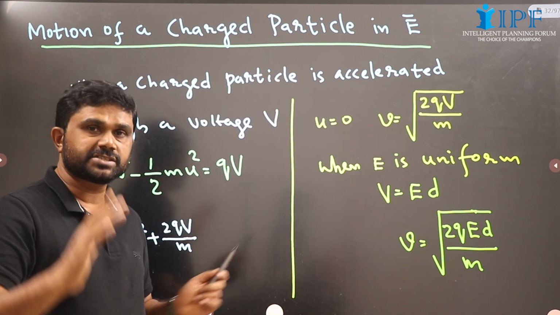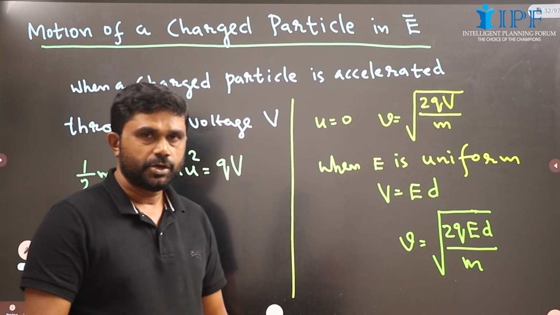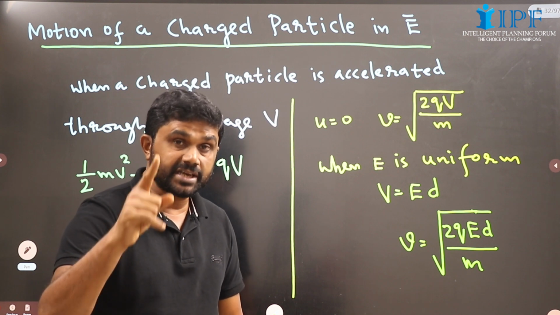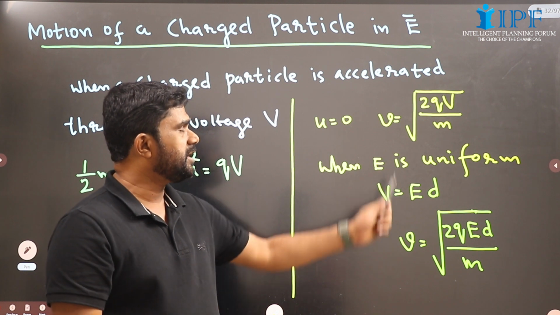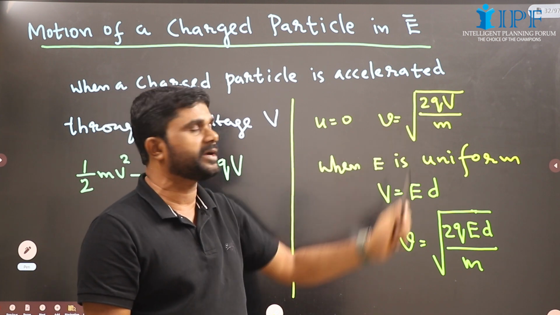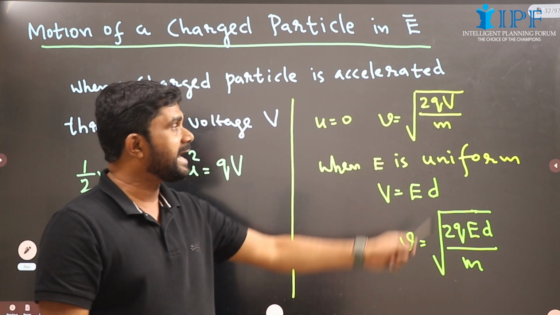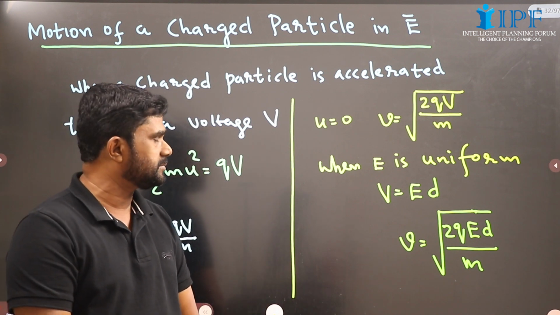Suppose the particle starts from rest, we can put u equal to 0. So when a particle of mass m and charge Q is accelerated from rest through a potential difference V, the final speed v will be root of 2QV by m. Small v represents the final speed and capital V represents the voltage through which it is accelerated.